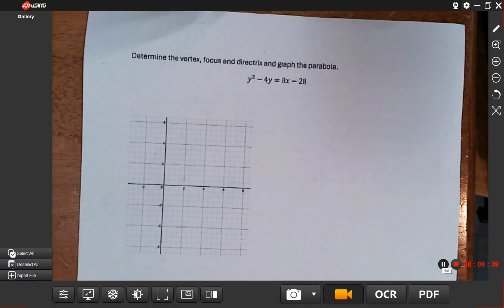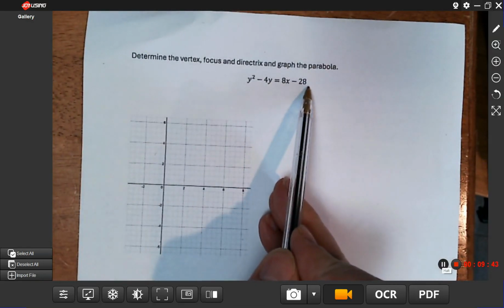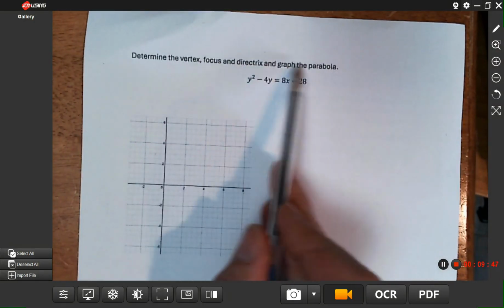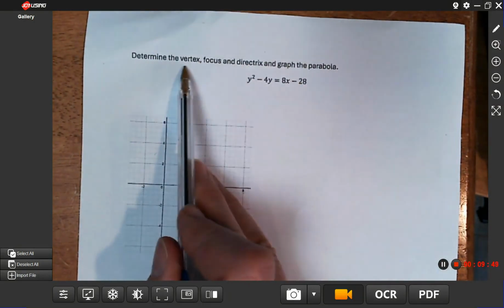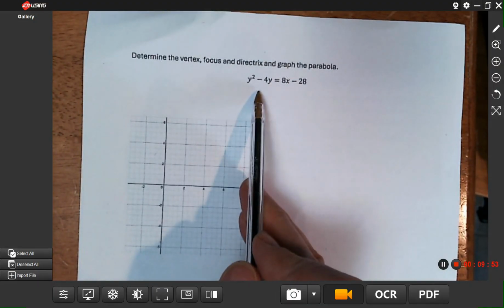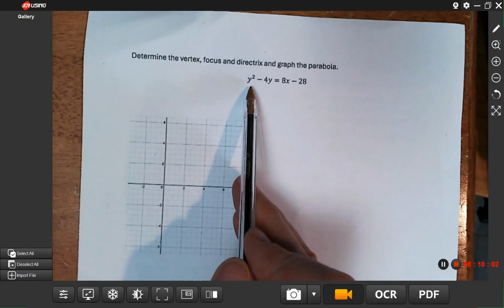So let's do a couple of examples. So here we have an equation, and we want to determine the vertex, focus, directrix, and graph of the parabola, including all of those things on the graph. So this is not in vertex form. So what we want to do is complete the square on the quadratic side.